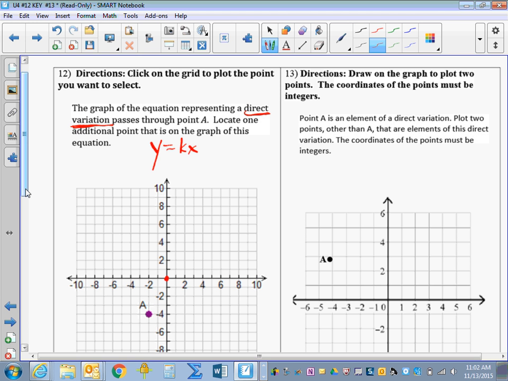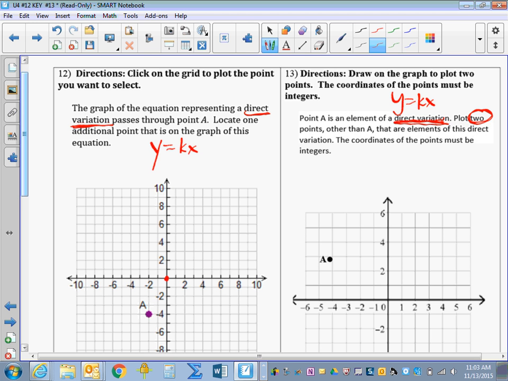It says point A is an element of a direct variation. Again, what's my equation for direct variation? Y equals k times x. Plot 2 points that are on this direct variation.